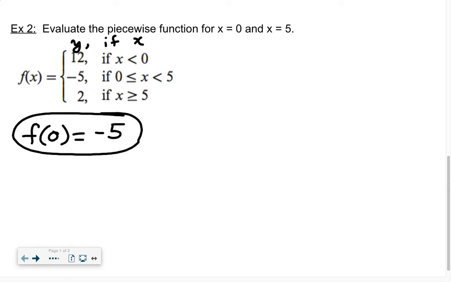Do we fall into this category of being less than 0 if we're 5? No. Nope. 5 is not less than 0. We're not strictly less than 5, but we can also be greater than 5, right? Yeah. So we're going to go to that third one. And what does it tell us our y value is? Well, it's 2 there.